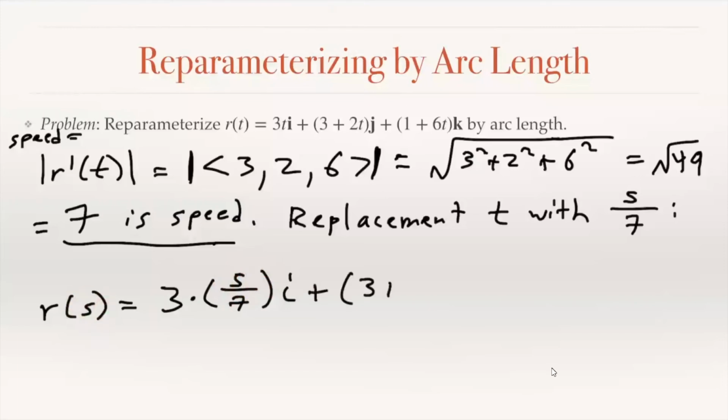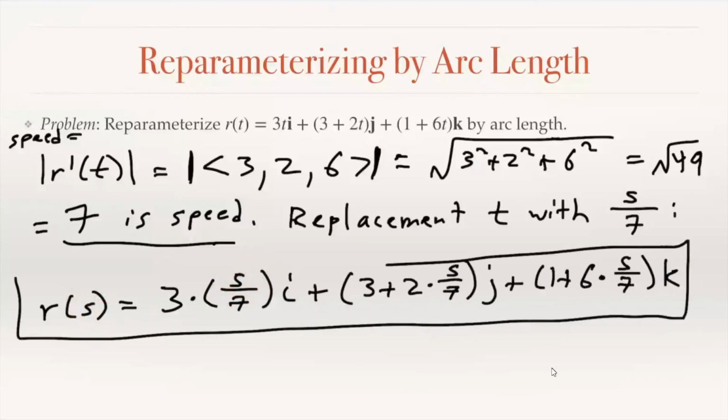Plus 3 plus 2 times s over 7 j, replacing t with s over 7, plus 1 plus 6 times s over 7 k. And we can simplify that a bit if we want, but that's it. That is our arc length parameterization. Remember that we use s for arc length. That's why we choose this variable name for our new parameter.